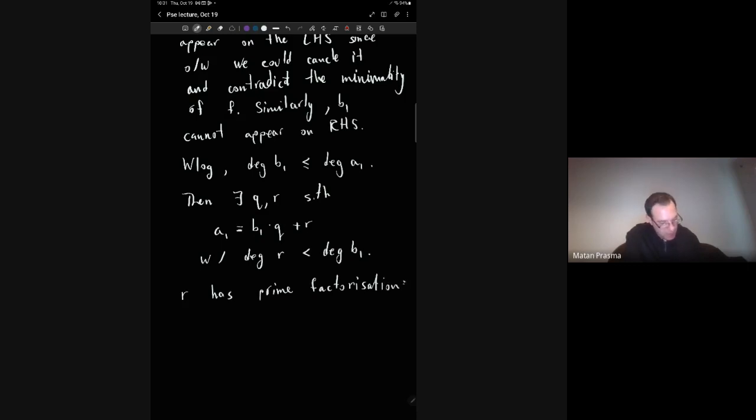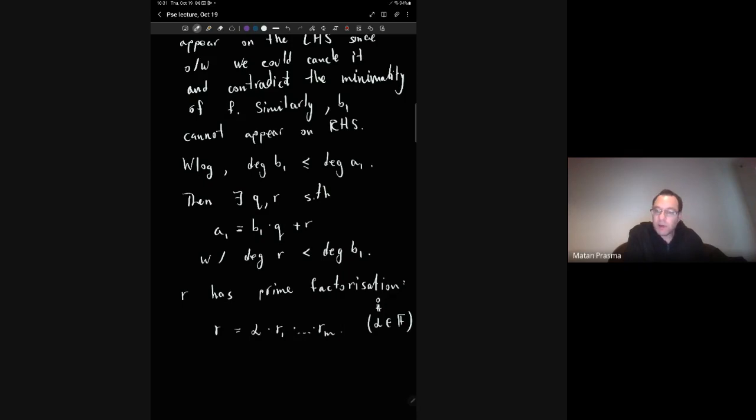Let's say R is equal to some constant, alpha, times R1 up to Rm. And here I have to add some constant alpha, because I cannot assume that R is monic. And in fact, alpha is non-zero, right?